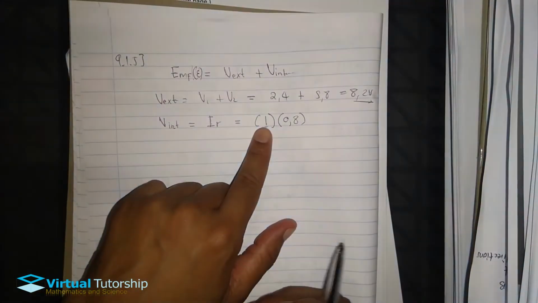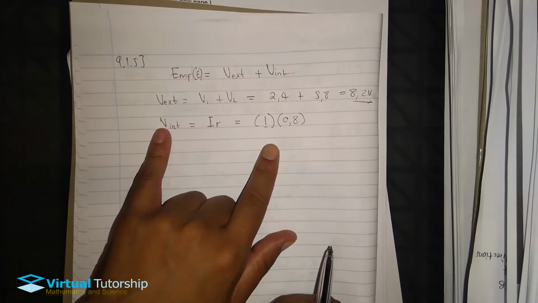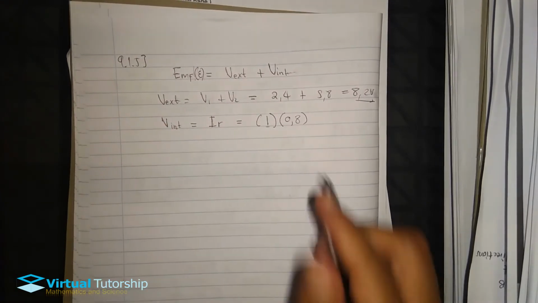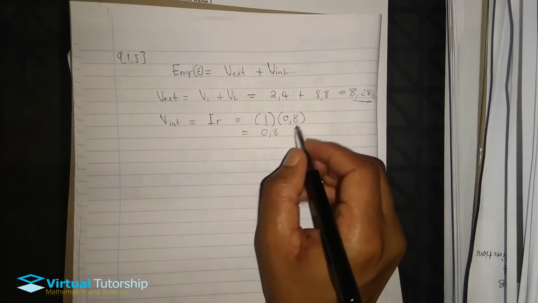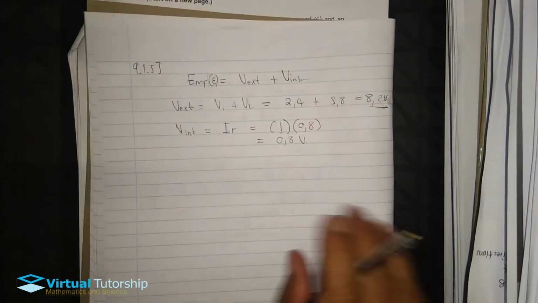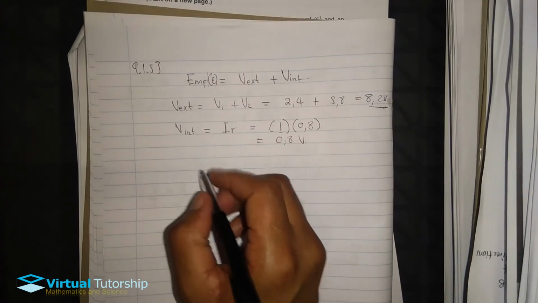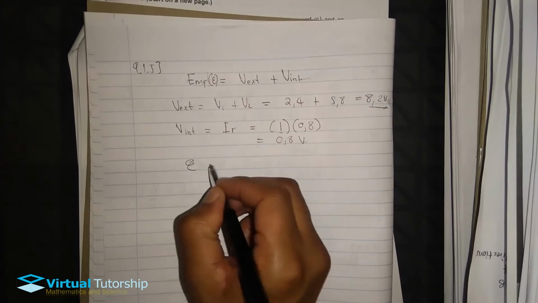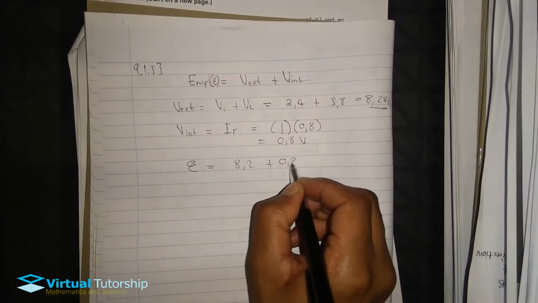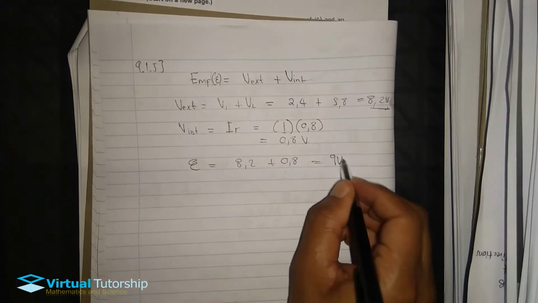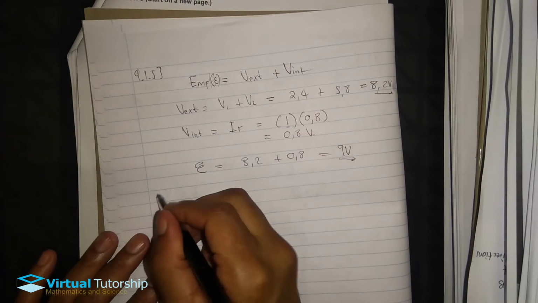That's why I'm using 1 as the current for finding the internal potential difference of the battery. So the answer I get is 0.8 volts. Therefore the EMF is 8.2 plus 0.8, which is equal to 9 volts. This is the EMF of the battery.